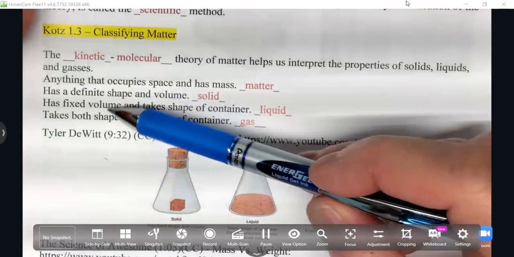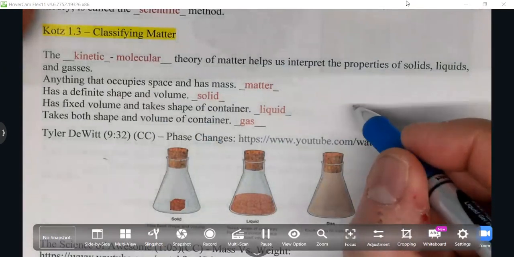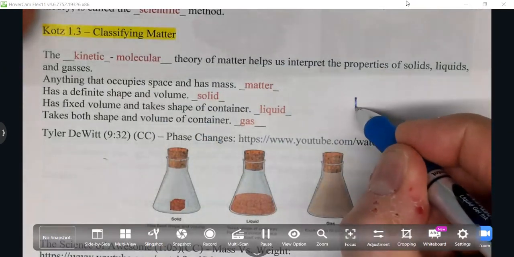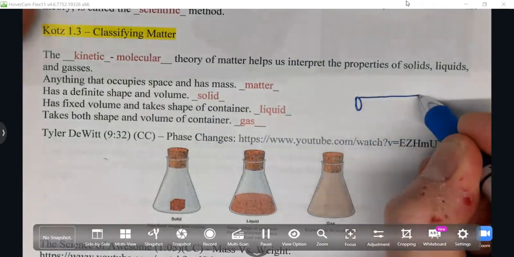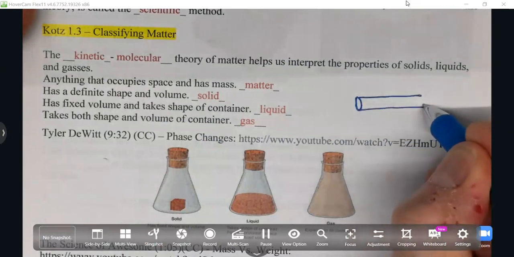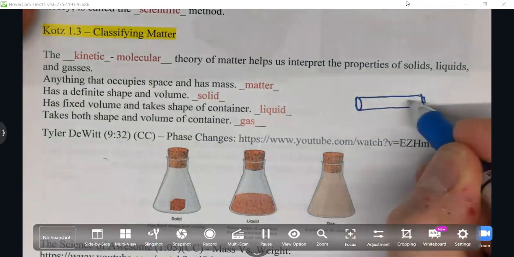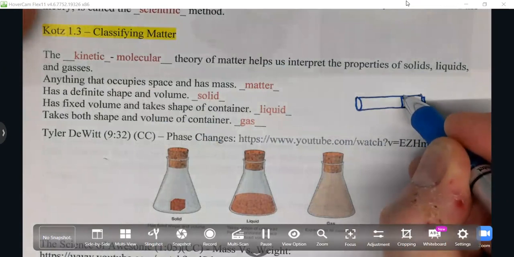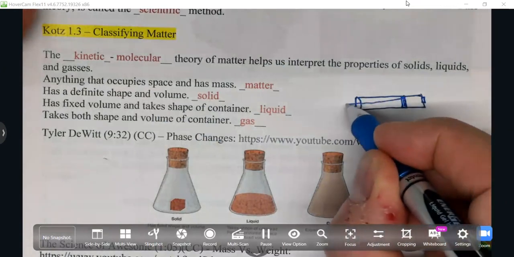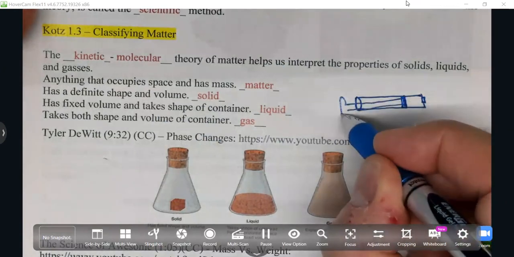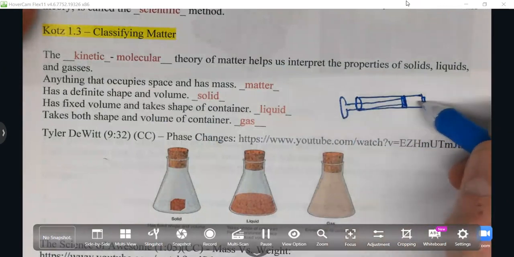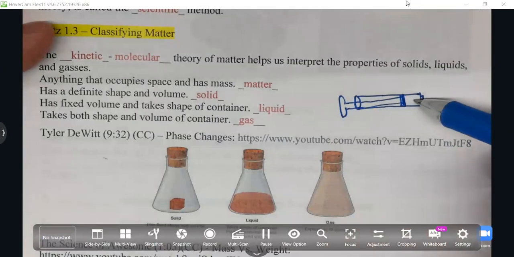And by fixed volume, if you have a gas in a syringe, drawing the syringe the best I can here, maybe a terrible looking syringe, you know you can compress a gas, right? You are not going to compress a liquid or a solid.